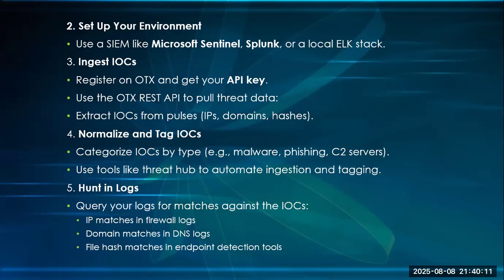This is part of what you will be doing, but we won't be able to do that. Then in the logs, query your logs for matches against the IOC IPs and hashes. We won't be able to do most of this, but I've listed it so that you have an idea of what you need to do when you're trying to do your threat hunting.